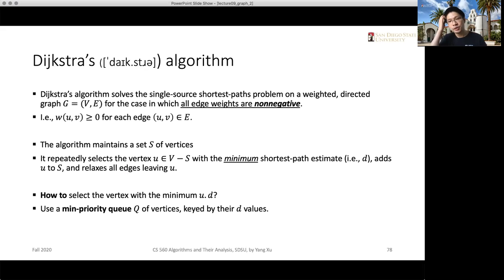It is a queue-like structure, but each element in that queue has a priority score. The element that has the minimum score will have the highest priority. That means the minimum value will be dequeued first. This is exactly what we want, because we want to keep the remainder vertices in that queue, and quickly extract the vertex with the minimum d value.